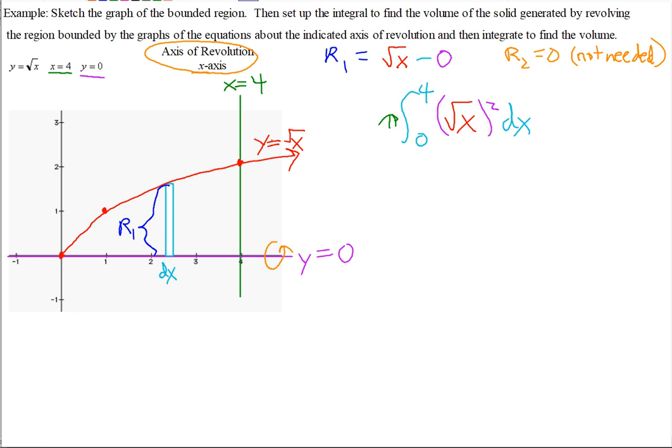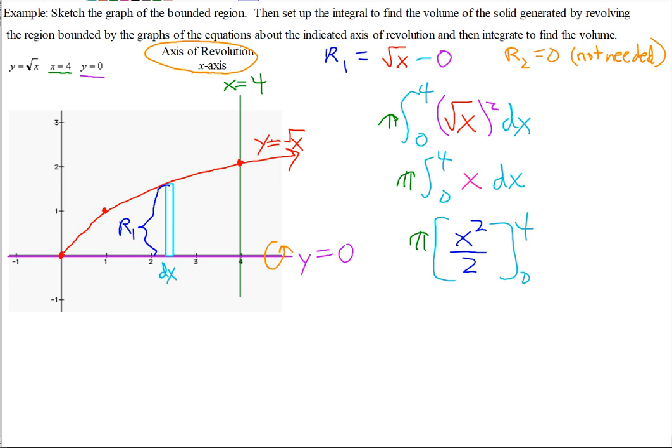And so this we're going to do without a calculator. So pi, let's just simplify this first. Square root of x squared is just x. And then when you integrate x, using the power rule, you add 1 to the exponent: x squared over 2, from 0 to 4.